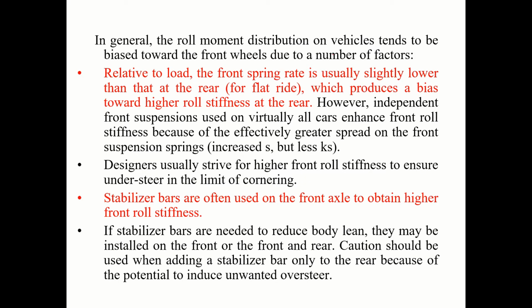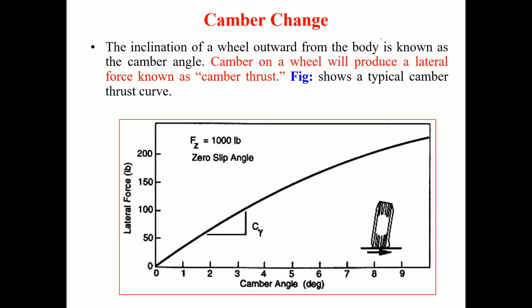In general, roll moment distribution of vehicles tends to be biased towards the front wheels to make the vehicle slightly understeer. That's the idea. Camber also is going to create problems. While studying camber, I will explain lateral force versus camber angle.